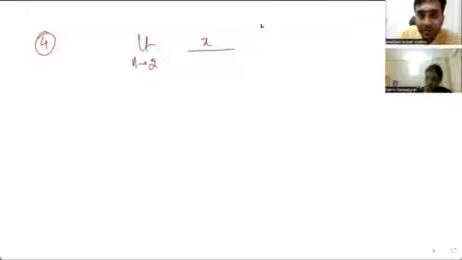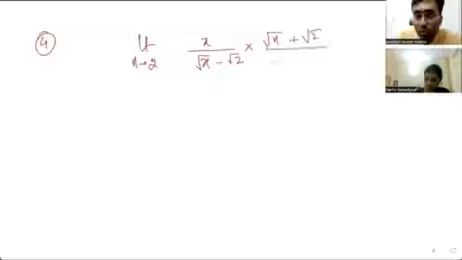If I put x as 2, that will be 0. So now we can rationalize it by multiplying by root x plus root 2 on the top and bottom.